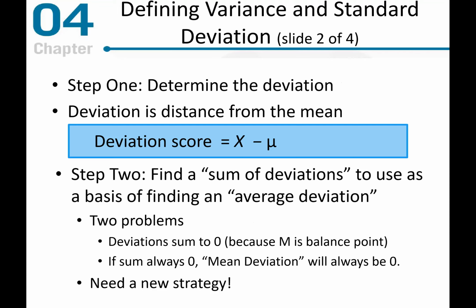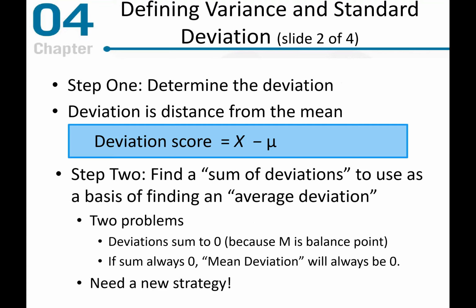So first, we're going to find the deviation, the distance from the mean for each score, right? Now, if we add those deviations, that should come up to 0. And so our standard deviation would be 0. So that's a dead end. So we don't want to do that.